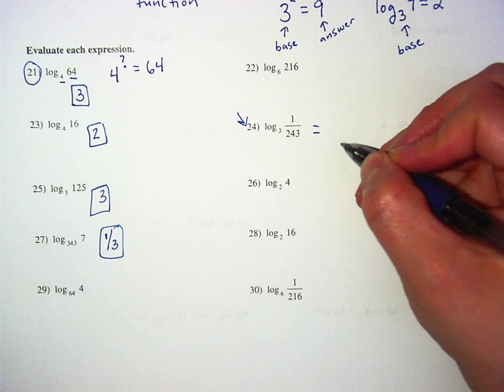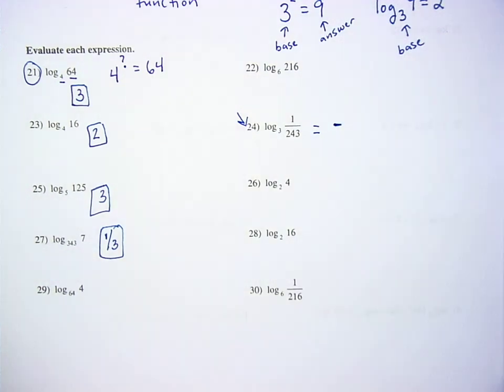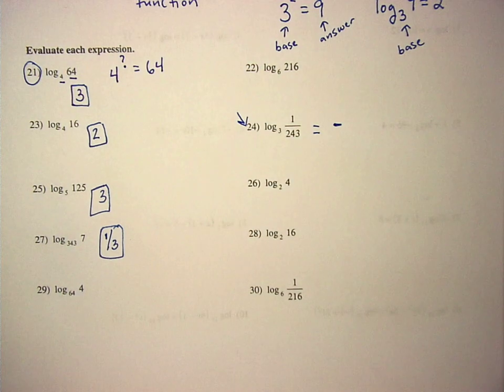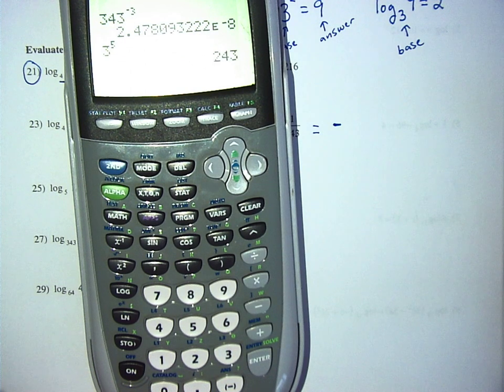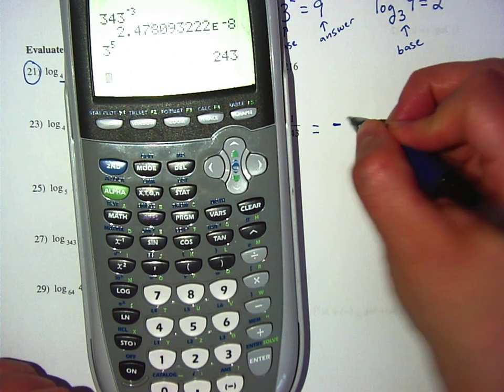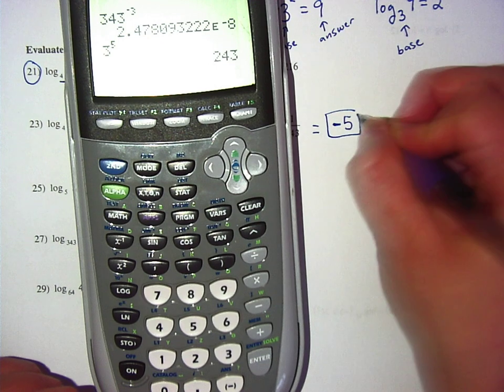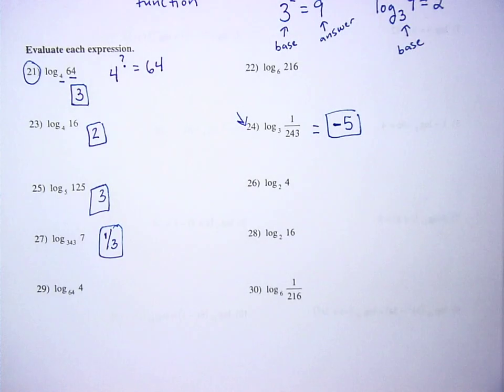What kind of power? Negative, but we need to know 3 to the what power is 243. Let's try 5. 3 to the power of 5. Oh, did you look it up? Nice. 3 to the power of 5, so this would be -5, because if it was 3 to the power of 5, it would have gotten positive 243.